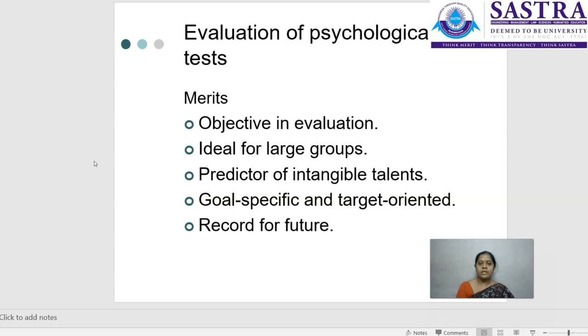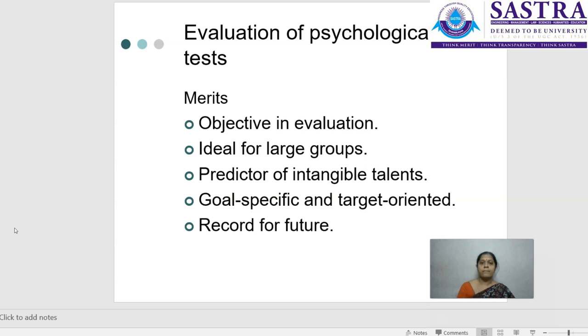The first merit is that it is objective in evaluation. This means that the selection tests are highly reliable, and they are impartial tools to measure and choose the best candidate for a job.